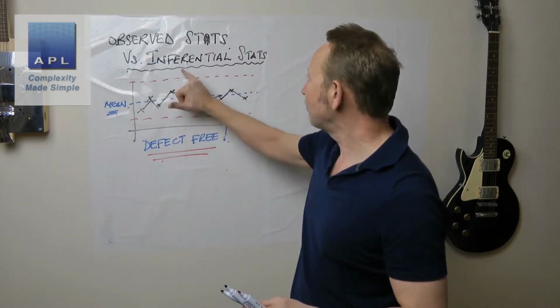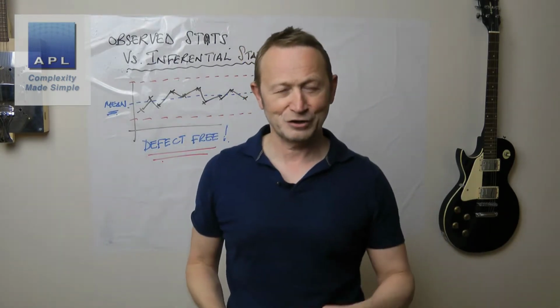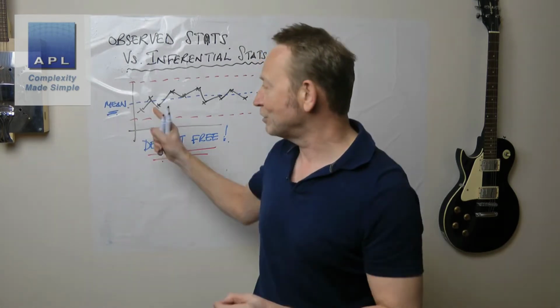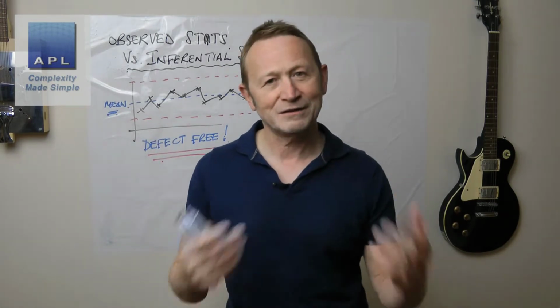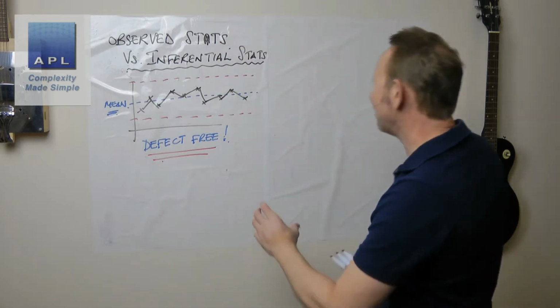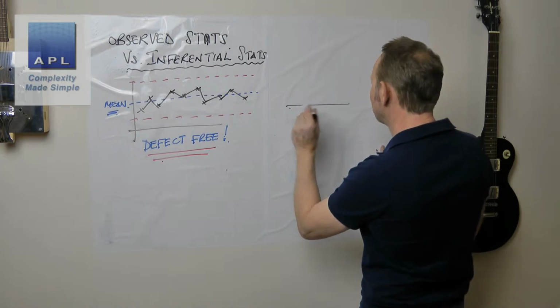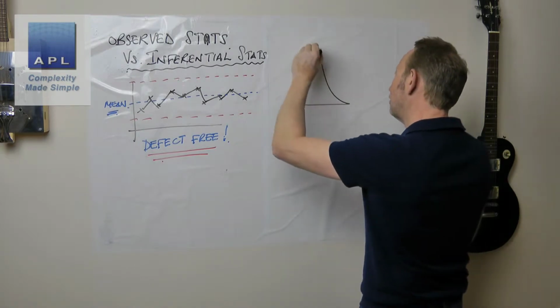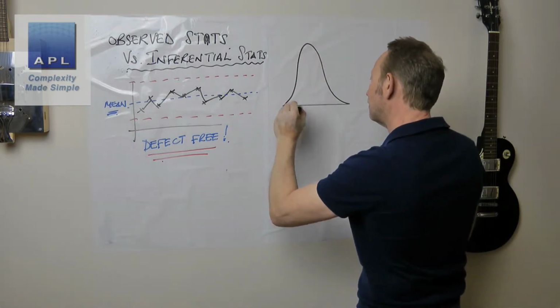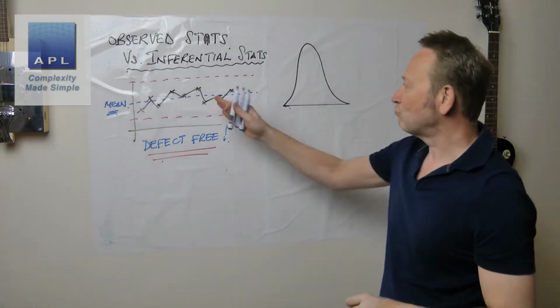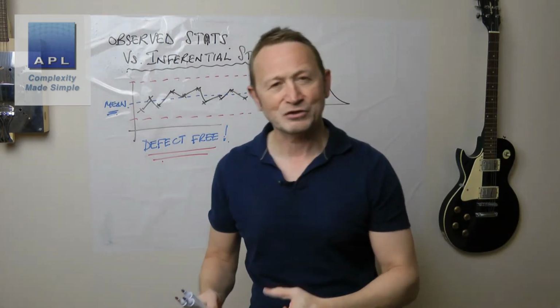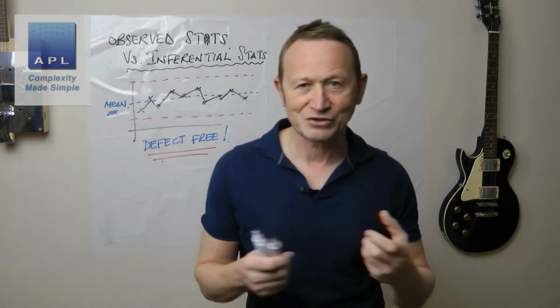Because if we look at it from an inferential point of view, we're going to see things that the observed data is not seeing. So let's turn this thing around and look at it from the point of view of a different pattern. Look at it from the point of view of a distribution rather than individual data points, and did they pass and fail.